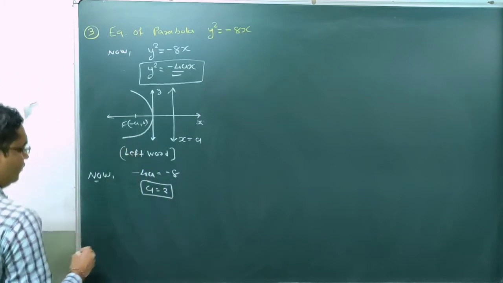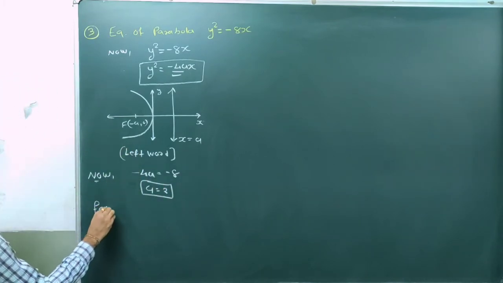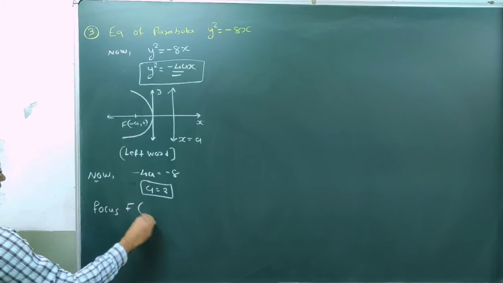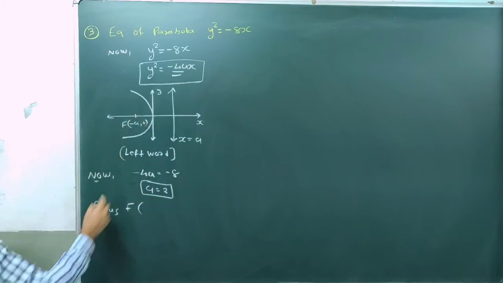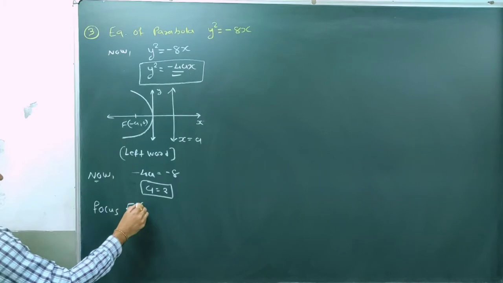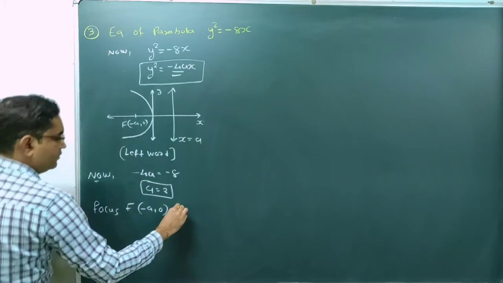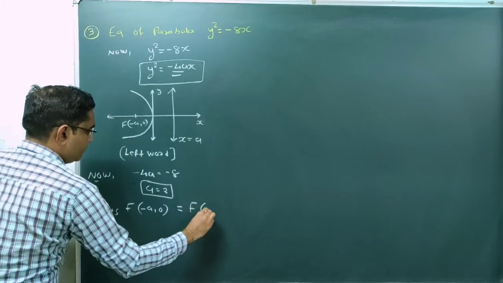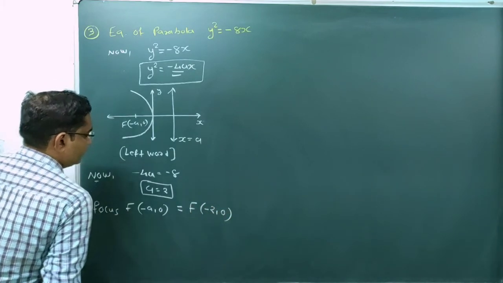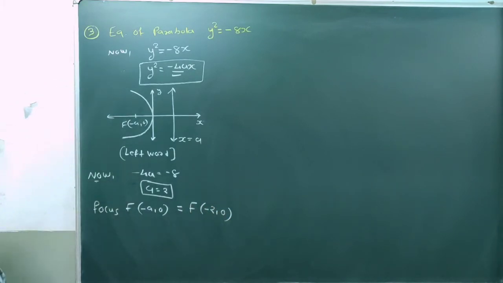Done? Now focus. Coordinates of focus F, which lies on negative x-axis, are minus a, 0. So coordinates of focus are minus 2, 0.